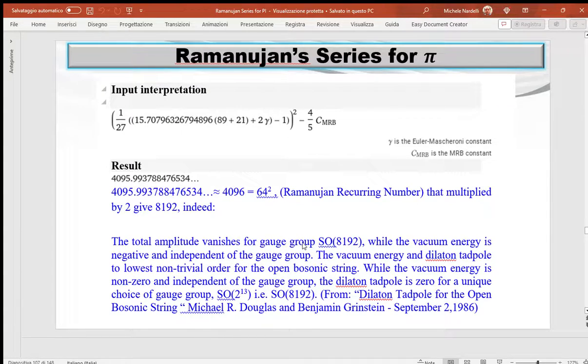Practically the gauge group SO(8192) that is fundamental for the open bosonic string theory.